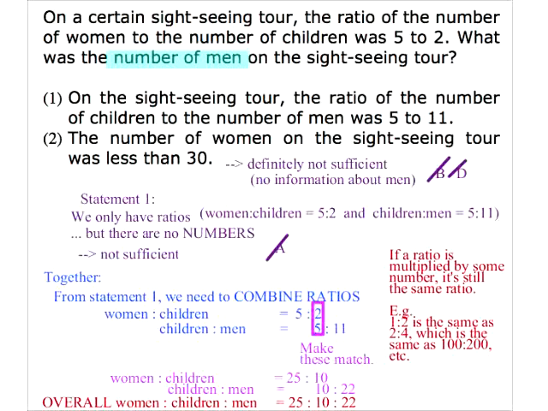The quick summary is you combine ratios by making common terms match. So now we know that the ratio of women to children to men is 25 to 10 to 22.